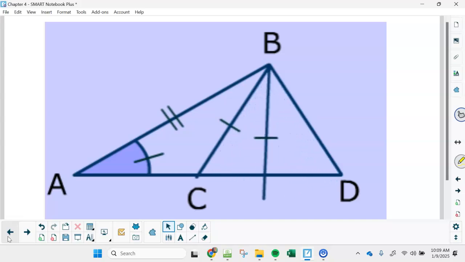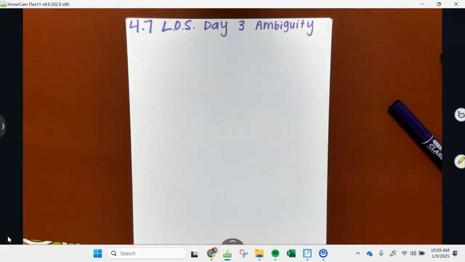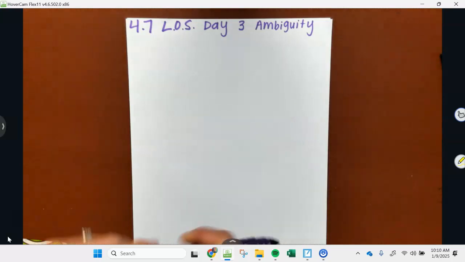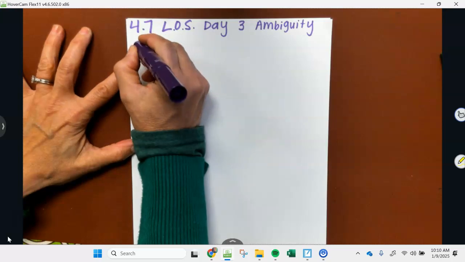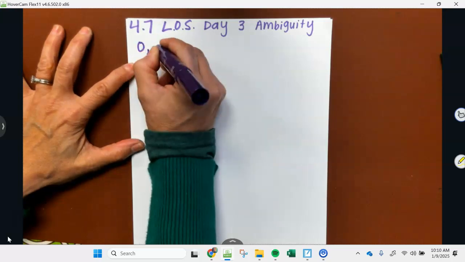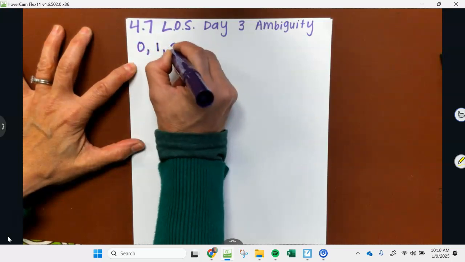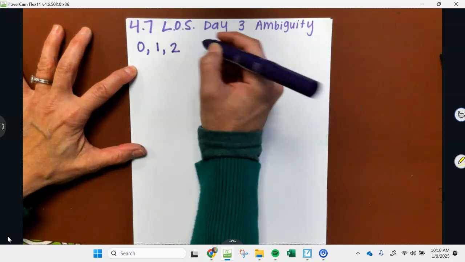Let me go ahead and get y'all set up on our notes here. So you're going to determine if a solution exists. You could have no solutions, one solution, or two solutions for triangles.